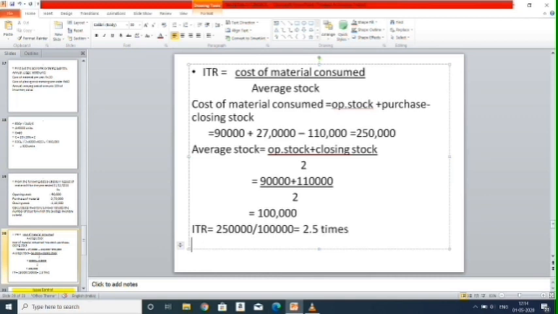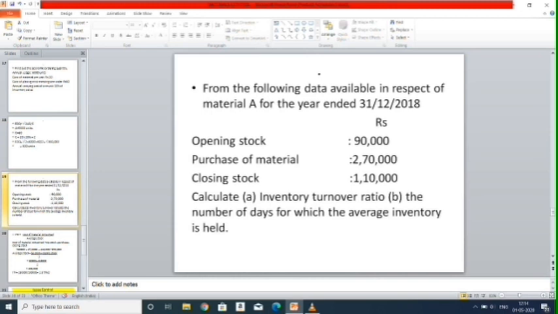Then secondly, we have to find out the number of days for which average inventory is held.